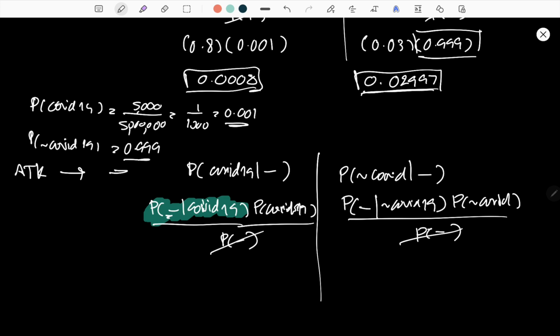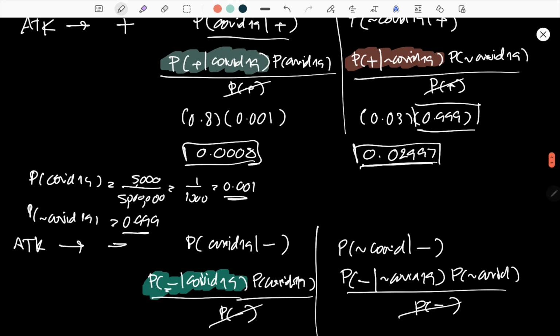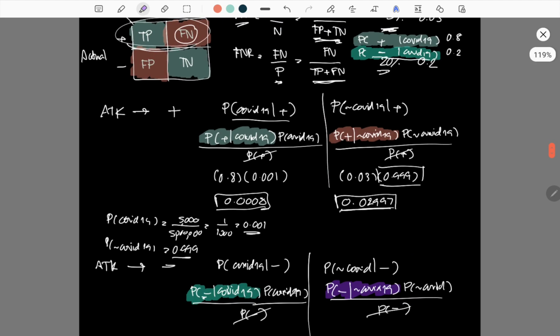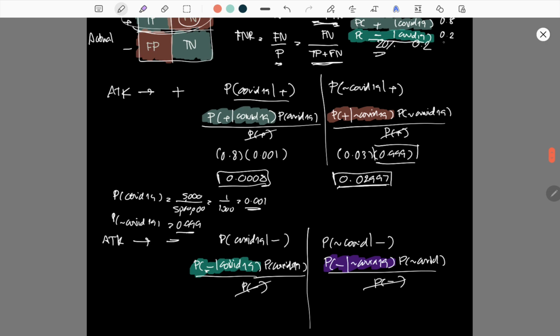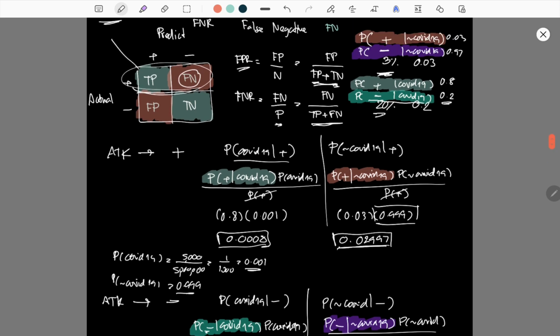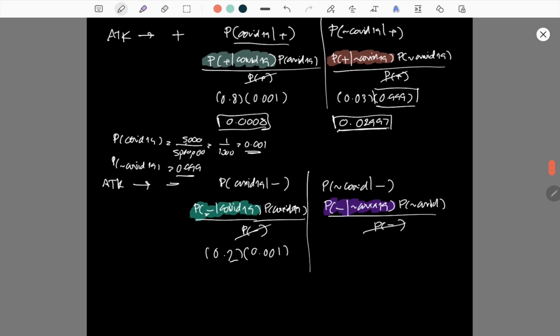They are equal, so we can remove it. For this one, these values will be 0.2 times the probability of COVID-19, that is 0.001, and this one, negative given not COVID-19, is 0.97. So it will be 0.97 times 0.999.